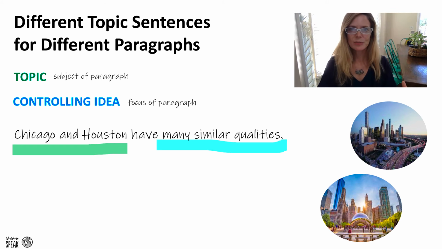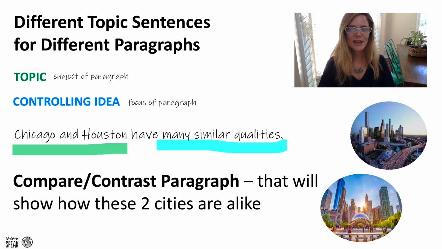This sounds to me like a fantastic topic sentence if I'm going to do a compare-contrast paragraph, right? So I'm going to show how these two cities are alike or how they are similar. I'm going to compare the two cities. So you know that's all I'm doing in that paragraph is I'm just going to show you how Chicago and Houston are similar.